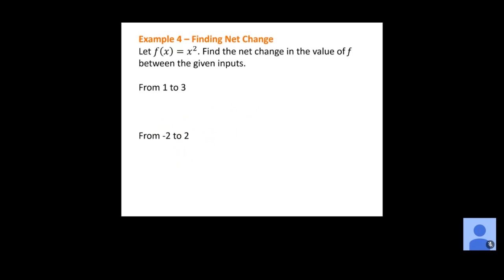All right, so now we're given the function f of x equals x squared. We want to find our net change between 1 and 3. Now, the first thing we want to do is identify what's our a value, what's our b value. So what's a going to be for this first one? 1, right?